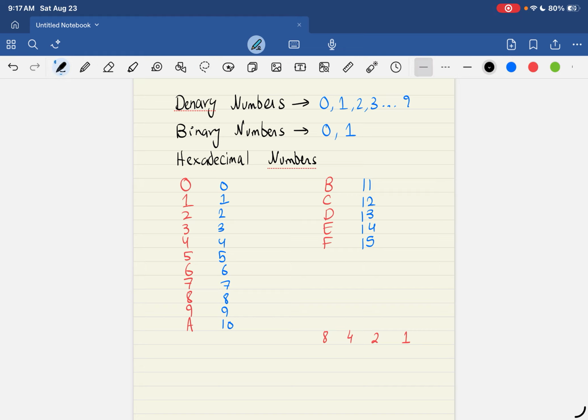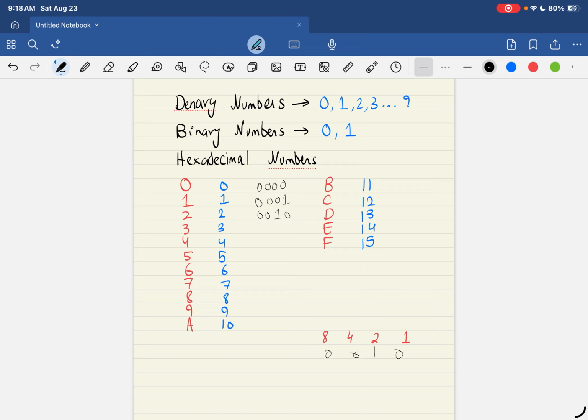So for 0, of course, the combination would be 0 0 0 0. I'll just copy that over here. For 1, we will just have to make this one as 1. I'll speed up the process now. You can check this against the registers, because this gives you 2.